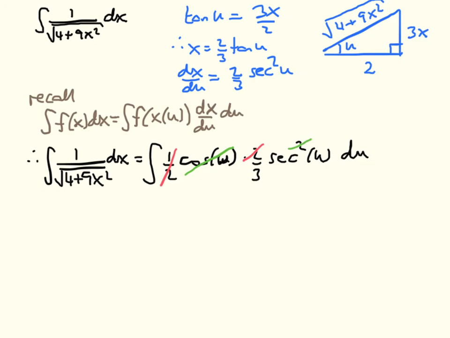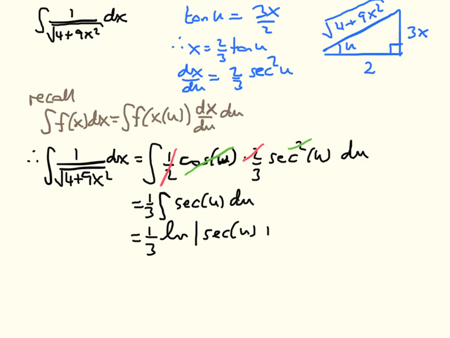So we are left with that our integral is 1/3, that I will put outside because it multiplies everything, sec of u integrated with respect to u. And that is a standard integral, so it is 1/3 log modulus sec of u plus tan of u, close modulus, and we can rewrite this in terms of our original variable x just by looking at the triangle.